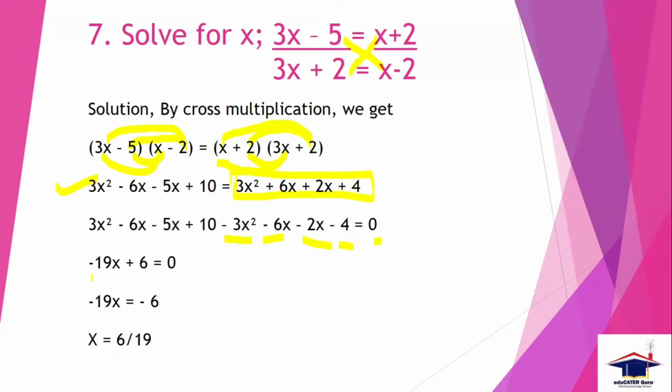When you solve it here, plus 3x square minus 3x square gets cancelled, minus 6x minus 5x plus minus 6x minus 2x becomes 19x, and 10 minus 4 becomes 6. So minus 19x equals, this is brought to the right hand side, minus 6. Then minus 6 divided by minus 19 is 6 by 19. This is the value of x.